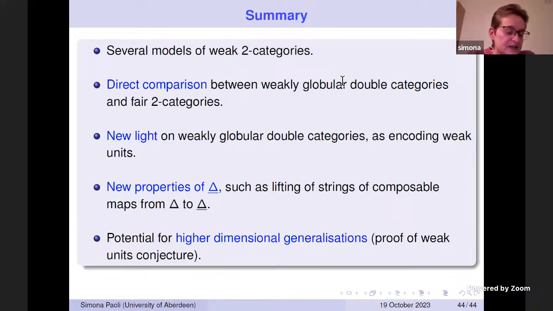Yeah, I think it is basically the same, even though I'm only vaguely familiar with the work you're referring to. It's a very different type of technology. They call it type theoretic, but it's a kind of operatic technology. So it's a kind of algebraic model of higher categories, whereas these are non-algebraic models.